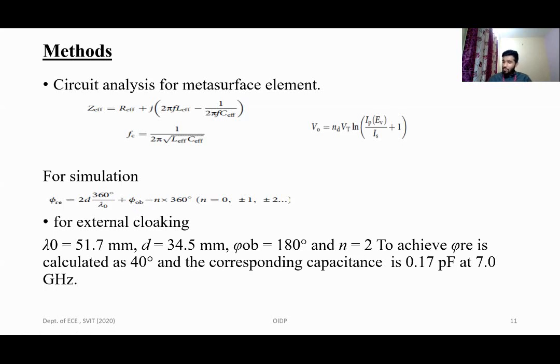So what does phi_re mean? Phi_re means reflection phase. Phi_ob means reflection phase of an object, and lambda naught is the wavelength at free space.